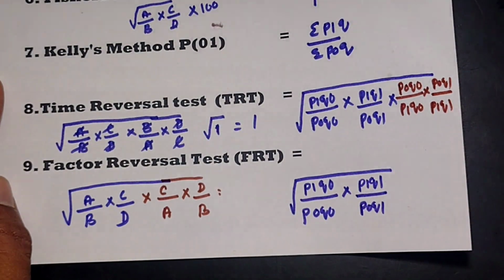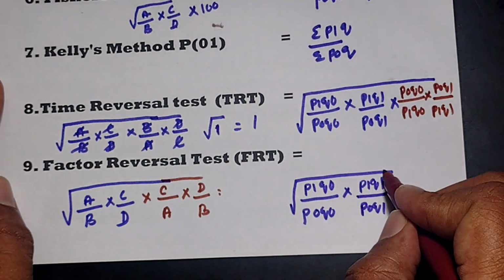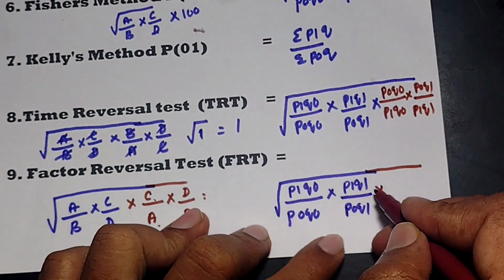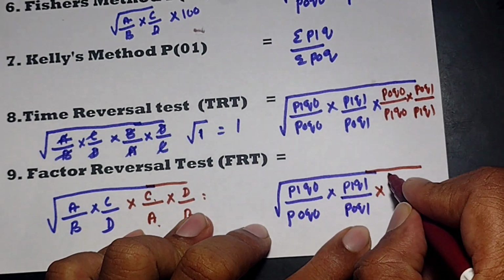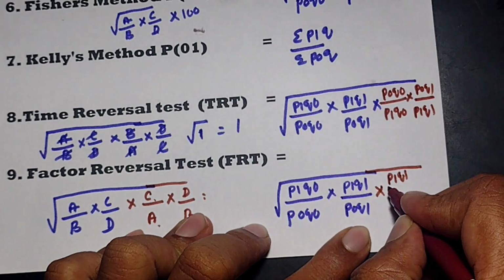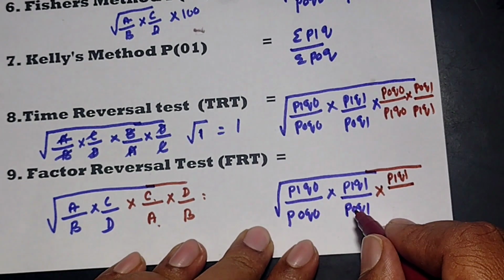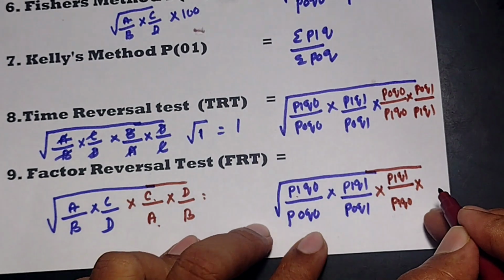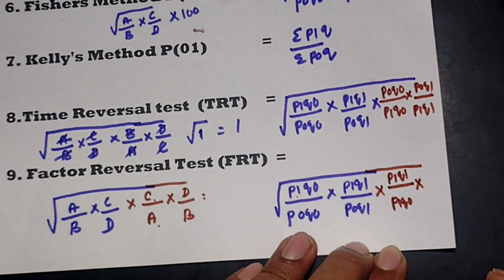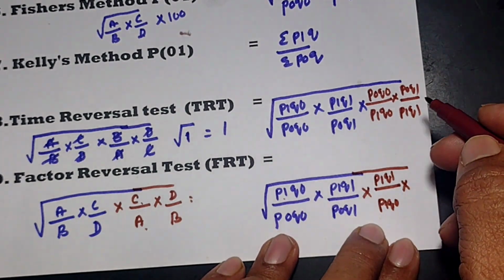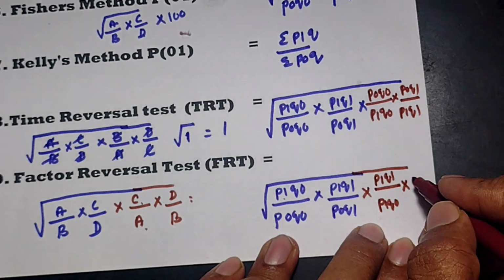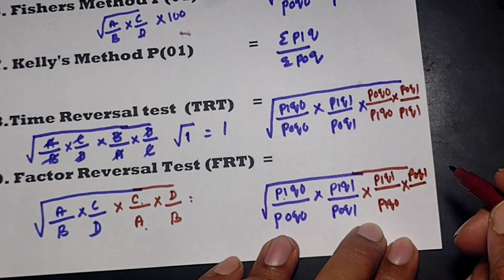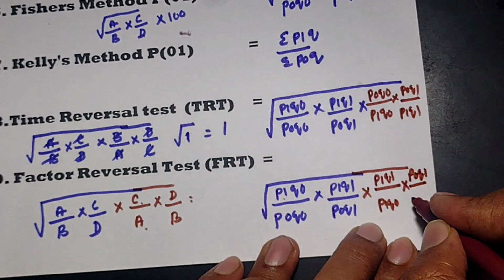This is multiplied by the next one, C divided by A. My C is P1 Q1, so P1 Q1 divided by A, P1 Q0, into the last one, D divided by B. My D is P0 Q1, so P0 Q1 divided by B. My B is P0 Q0.